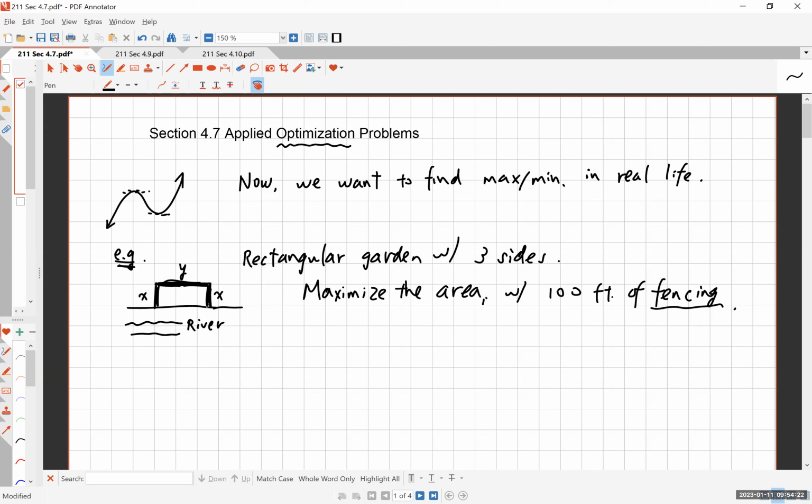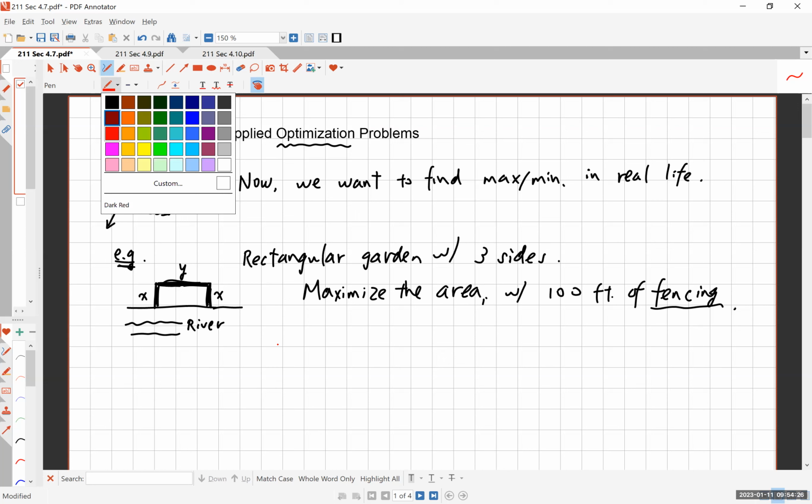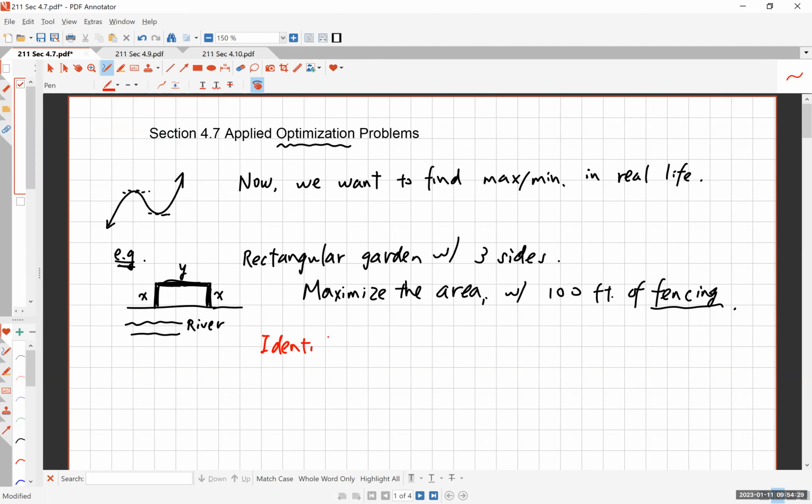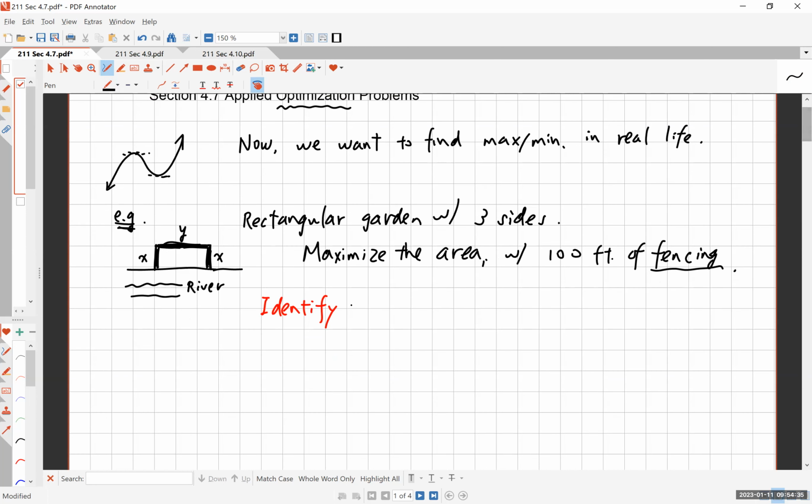All right, so the strategy actually calls for, and later we'll discuss this more generally, but identify two things. Okay, number one, a function to be maximized or minimized. So let's just call it a function to be optimized.